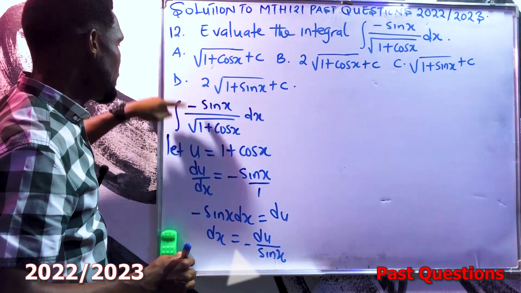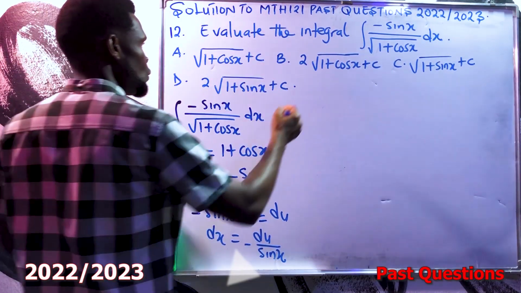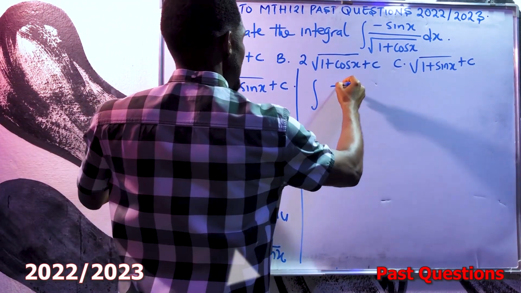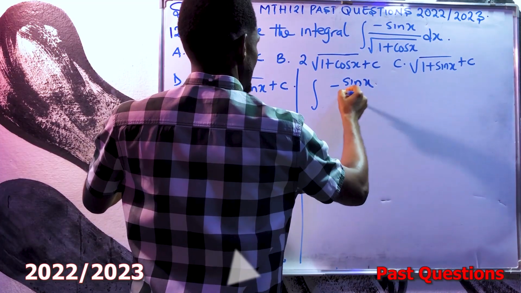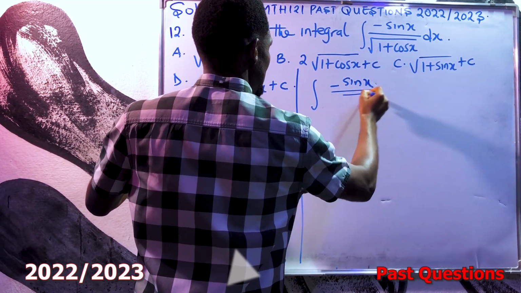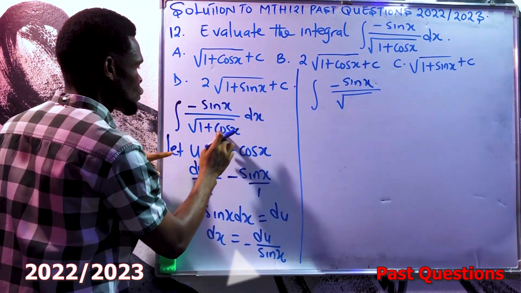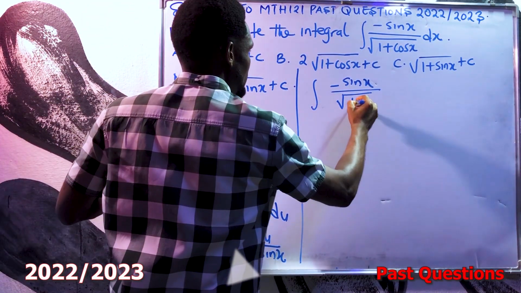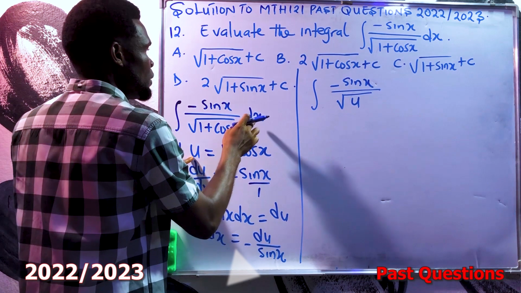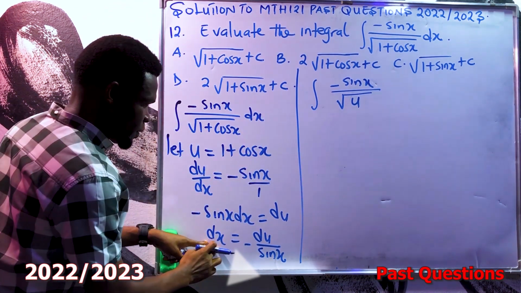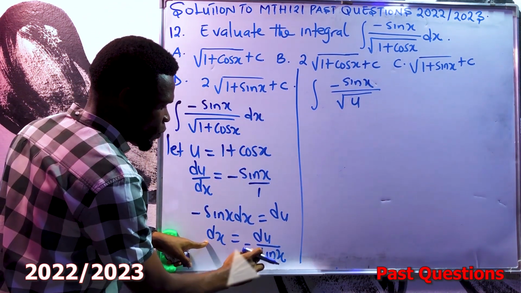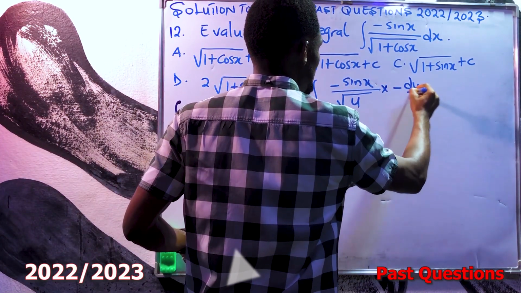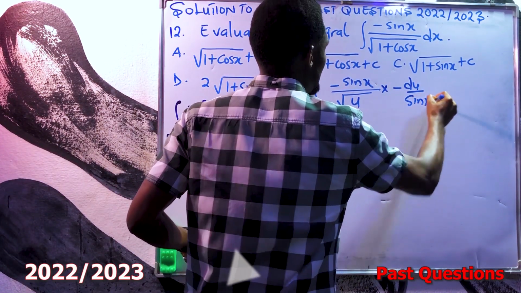When I go back to my integral, I'm going to have the integral of minus sine x all over root. What is 1 plus cos x? Look at it. It is u. So carry u, put u here. Then dx, look at dx now. It is minus du over sine x. So you now have times minus du over sine x.